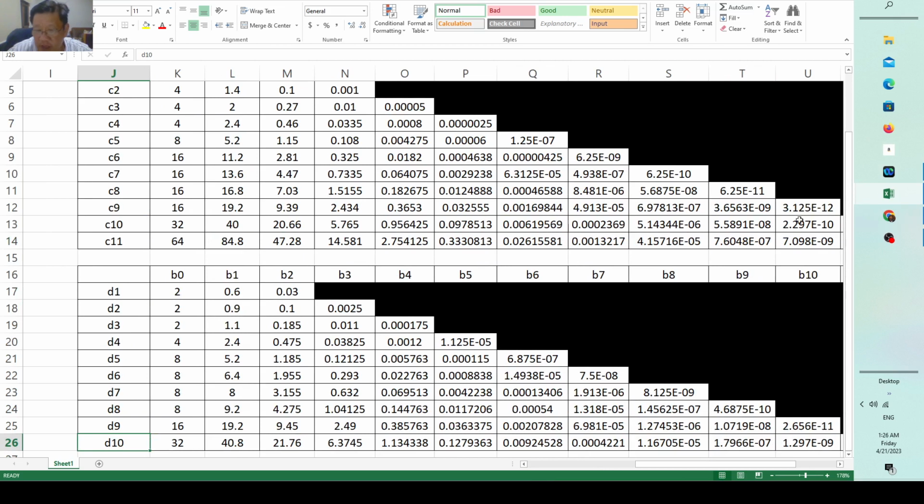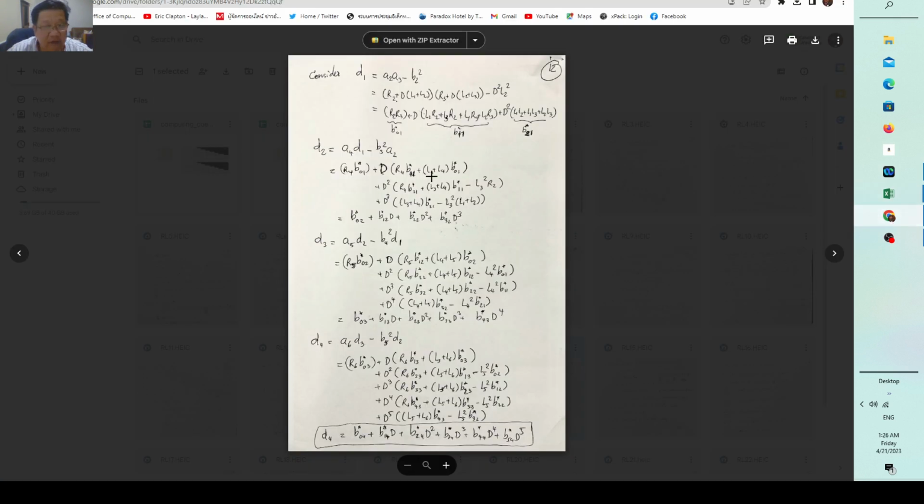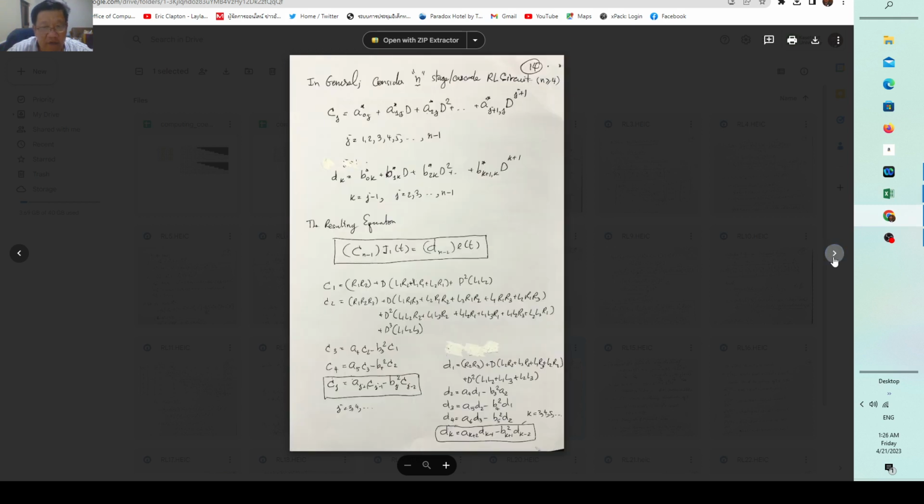But I just want to explain that I cannot do all of this without the development of the last lecture, especially when we reach this point and get the resulting equation here. Those two Excel files are just the implementation of what we developed in the last lecture, resulting in this mathematical equation setup.